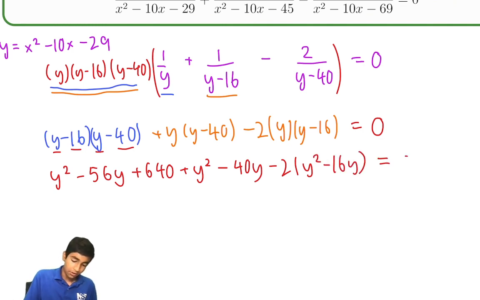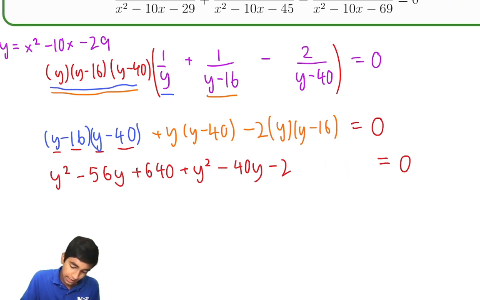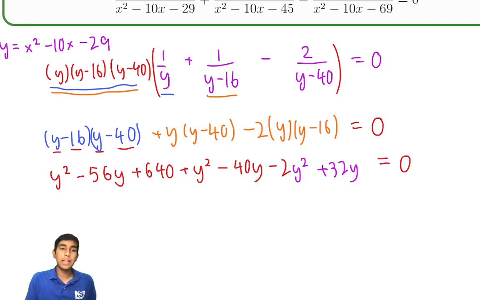This is equal to 0. Let's expand this term out: negative 2 times that is negative 2y squared plus 32y, because negative 2 times negative 16y is 32y.